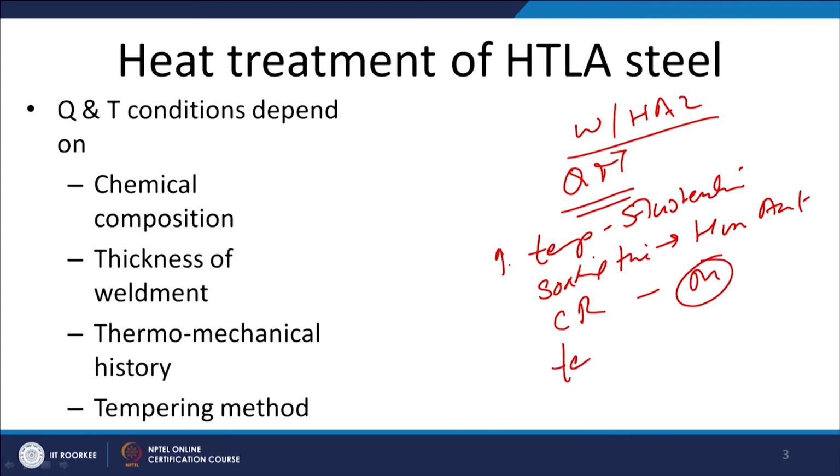And then after that tempering is carried out at a suitable value of temperature, so that the required combination of the toughness, tensile strength and the hardness can be realized.